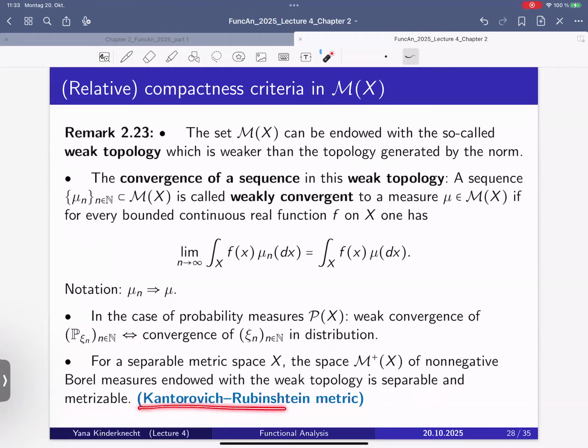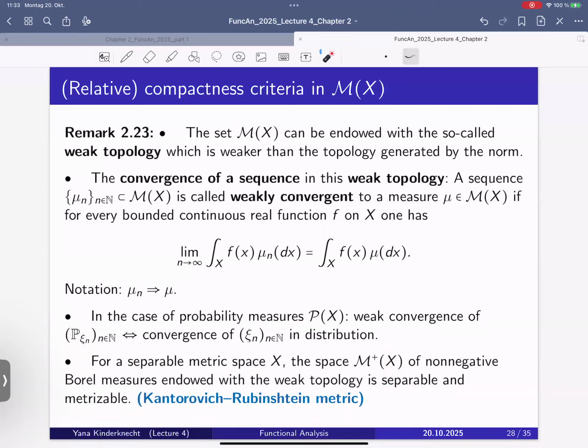This is like a keyword. You can make your further investigations using this keyword. So there is a metric which allows us to metrize the set of non-negative Borel measures endowed with the weak topology. That is, exactly this topology is metrizable with the help of a given metric. Again, if our X is separable and metric, then this set is again separable and metrizable. So this is a good space.